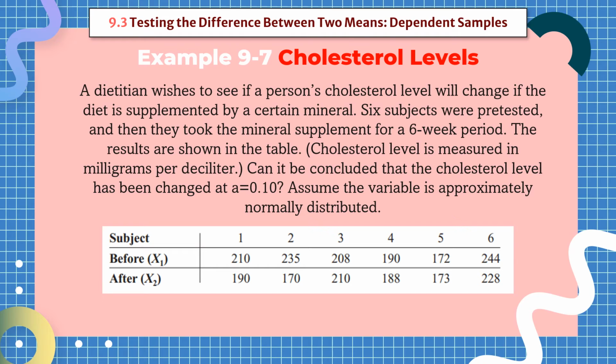Cholesterol level is measured in milligrams per deciliter. Can it be concluded that the cholesterol level has changed at alpha equals 0.10? Assume that the variable is approximately normally distributed. And we have this given table. We have our subject, and our before x sub 1 and after x sub 2.